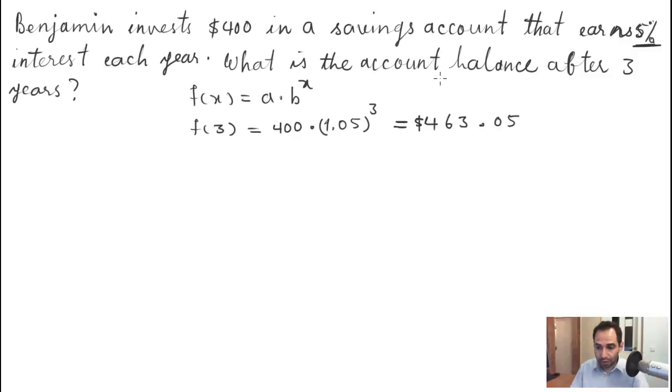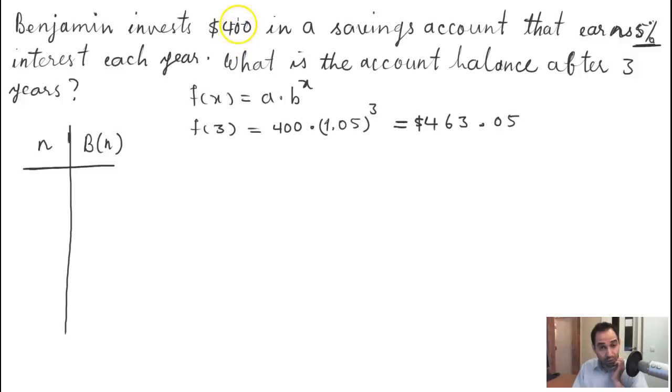If you were to do it based on understanding the example, you would simply make a table. Here is your x or n, the number of years, and here your balance as a function of the years passed.